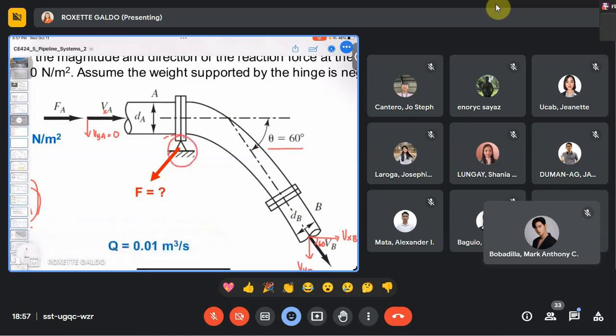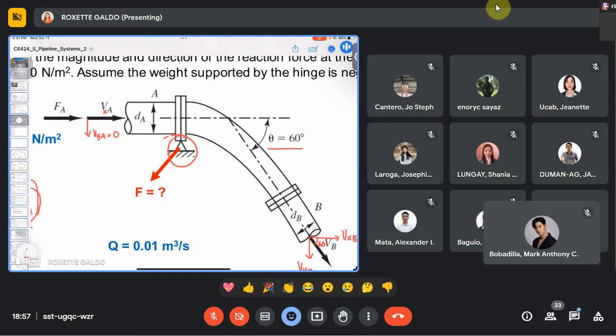It's not from the weight of the nozzle, because it has been specified in the problem that we are to neglect the weight of the nozzle supported by the hinge. So what force will the hinge resist or support?